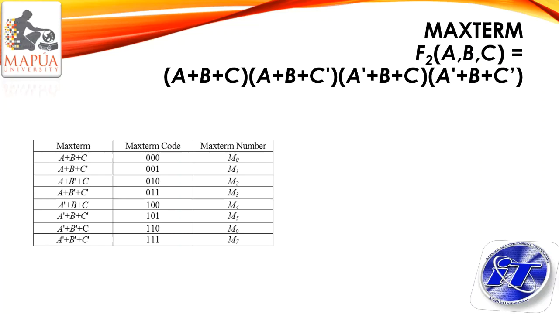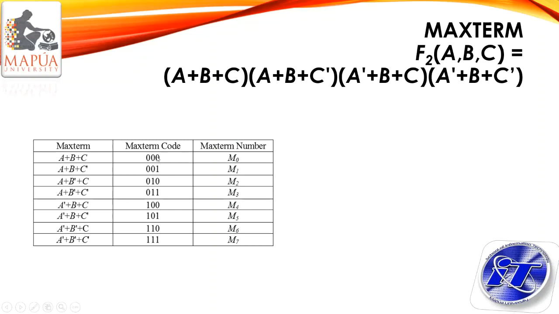In max term, the uncomplemented variable has a value of 0, while the complemented variable has a value of 1. For example, A + B + C is uncomplemented, therefore all of these variables have a value of 0. So A is 0, B is 0, C is 0, and when we add, the value is 0.